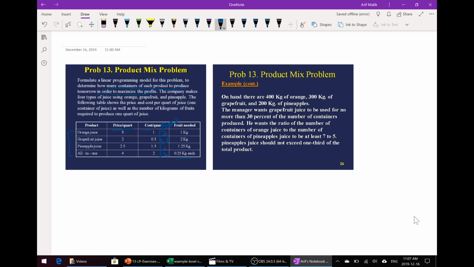So we have to identify and define the decision variables, and of course then write down the objective function and constraints. So let's say x1 is equal to the number of containers of orange juice, because it says how many containers of each product to produce.